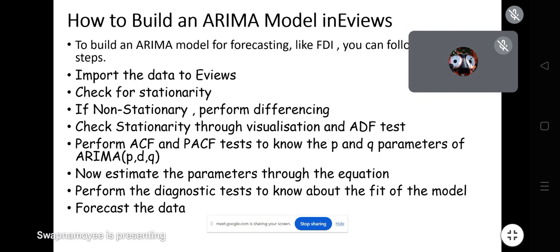If the data is non-stationary, which every time series data is, it's the nature of time series data, then we have to make it stationary after visualizing and detecting by how many lags we can difference. Then you estimate the parameters, and to find the fit of the model, we do some diagnostic tests with the residuals. Let us see how we do it.